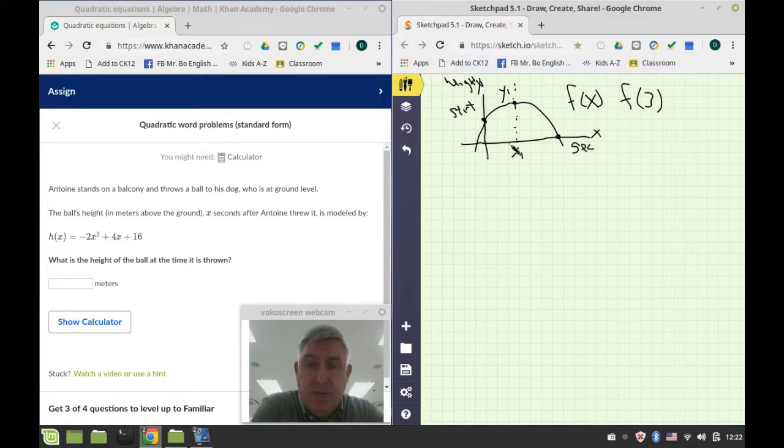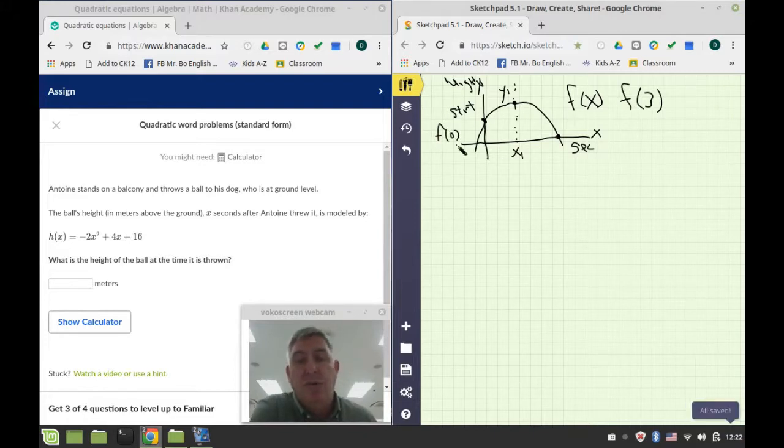So which point do we think that is? That's the start point. And for the start point, we want to find f of 0.